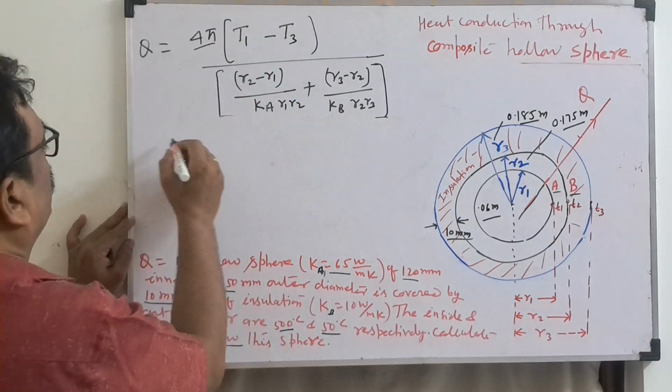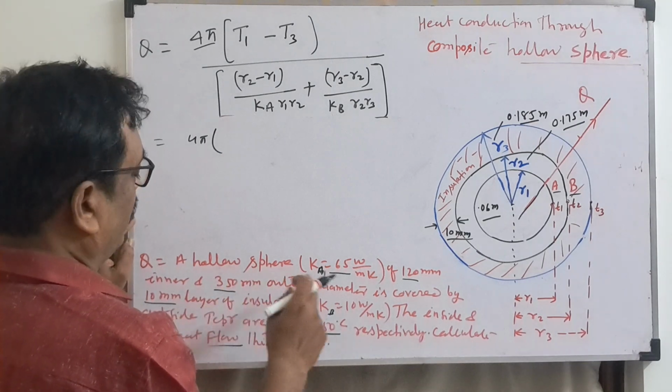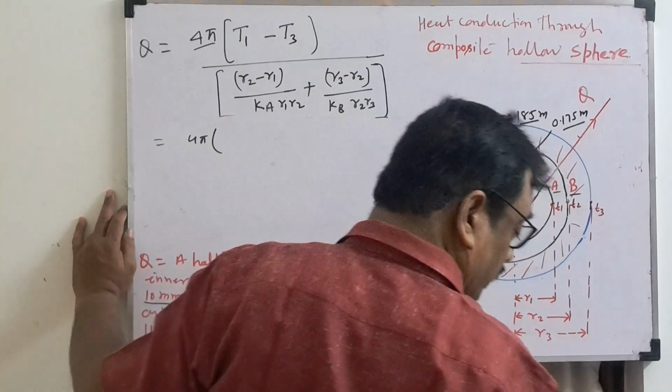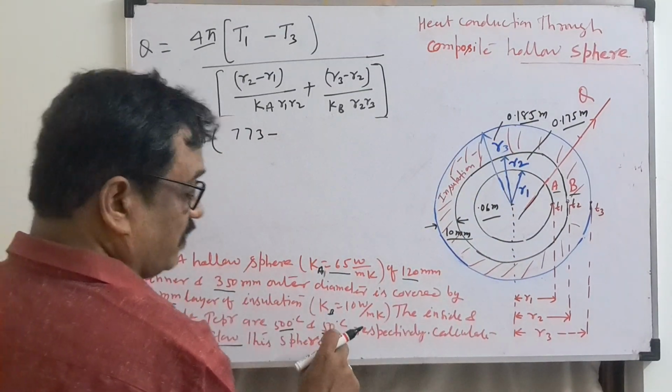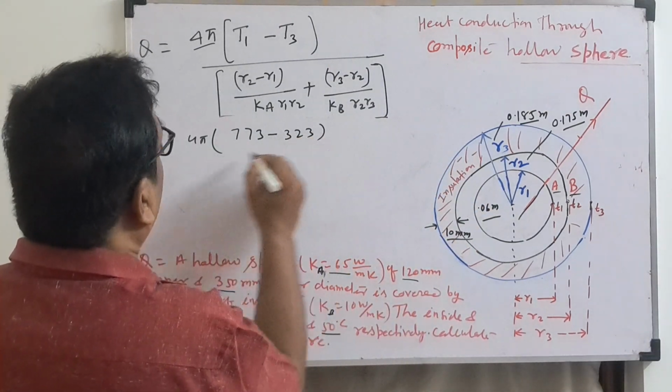Now you substitute these values here. 4 pi, T1 is 500 plus 273, that is 773, minus 50 degrees Celsius plus 273, that is 323.